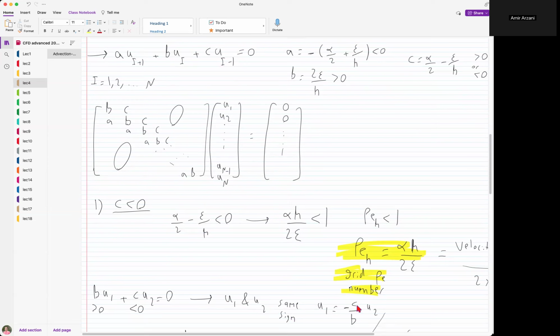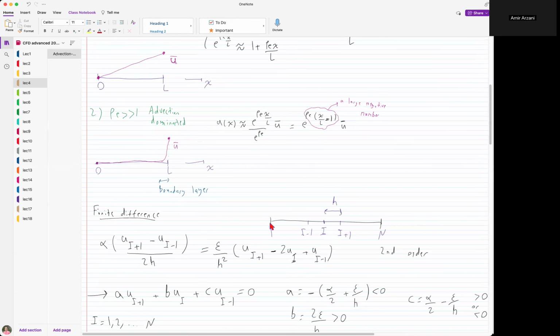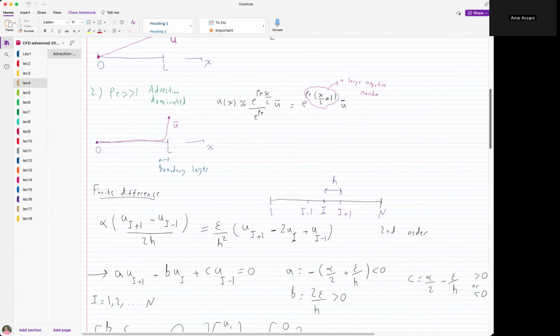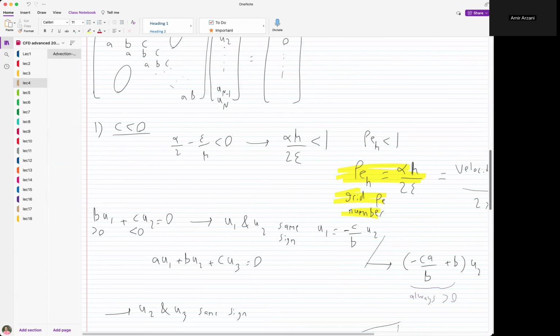C is negative, b is positive. There's a negative here, so this whole thing is positive. So the sign of u1 and u2 will be the same. Remember, u1 and u2 are my two nodes that are next to each other on the left side of the mesh, or the upstream portion where the flow is coming from.